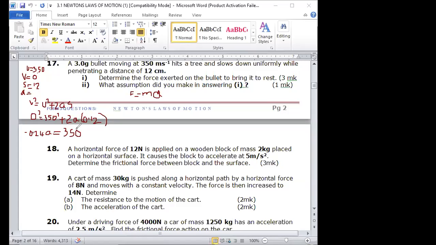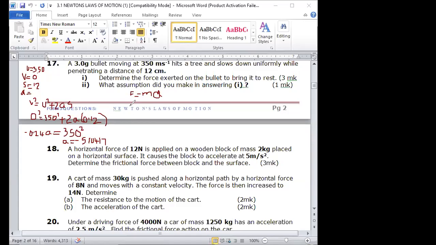So our A is equals to 350 squared divided by 0.24. This is going to give us negative 510 for 17.